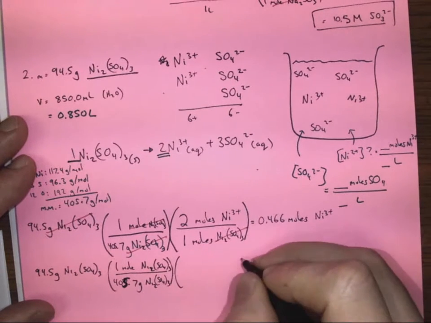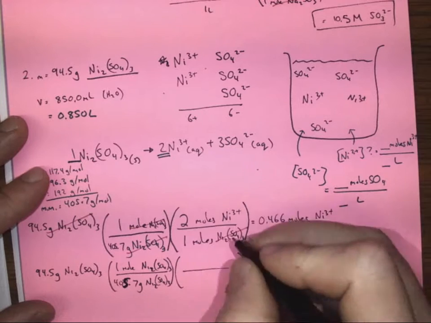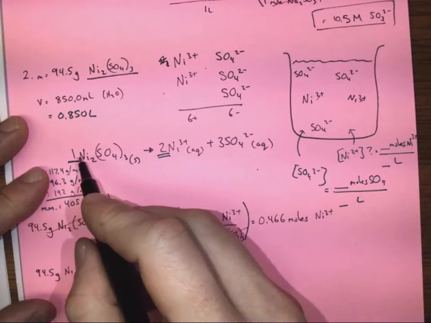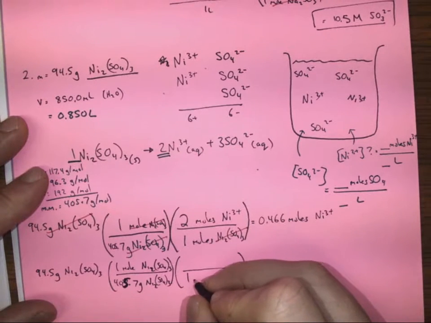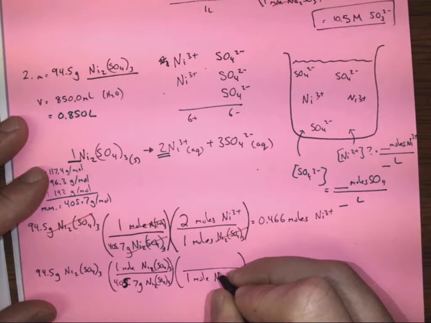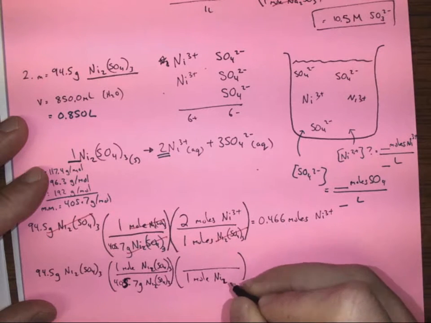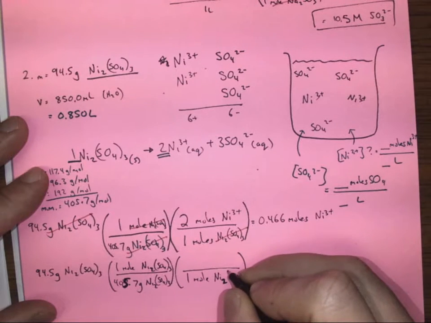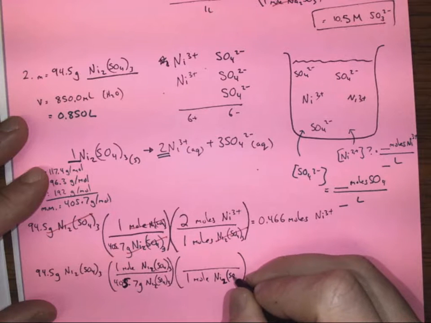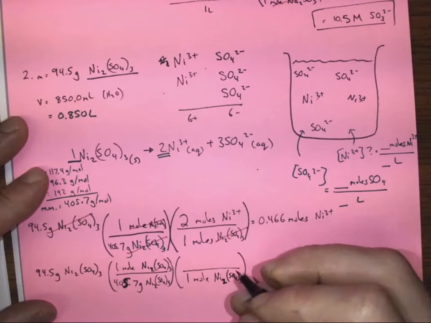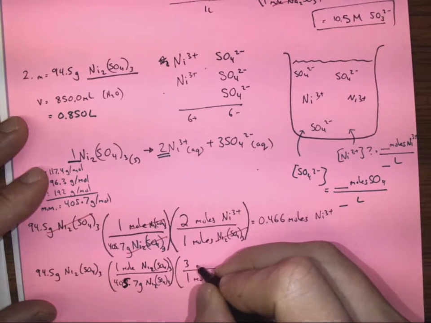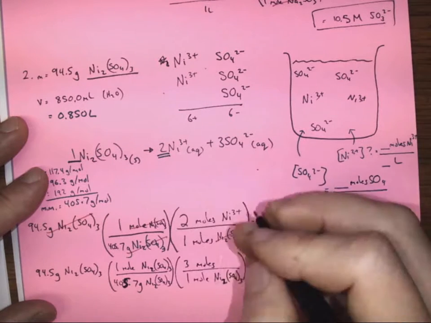And that's going to convert into, now I have a 1:3 ratio. So 1 mole of nickel 3 sulfate, oops, it's hard to write 2 and say 3 at the same time. Kind of confusing for me, actually. Over 3 moles of sulfate.